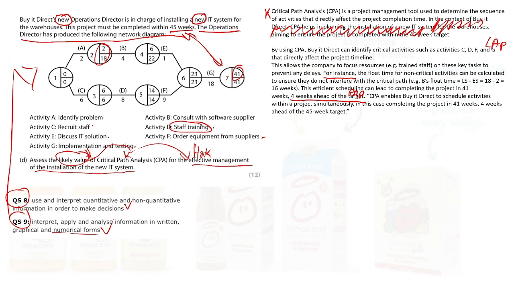CPA enables Buy It Direct to schedule activities with projects simultaneously in the case study, completing the project in 41 weeks, which is 4 weeks ahead of the 45-week target. Now, a couple of lessons with this quote. Number one, examiners are not stupid. So if you put quotation marks around things that aren't actually a quote, they're not going to fall for it. They're not dumb. So only quote stuff that you need.